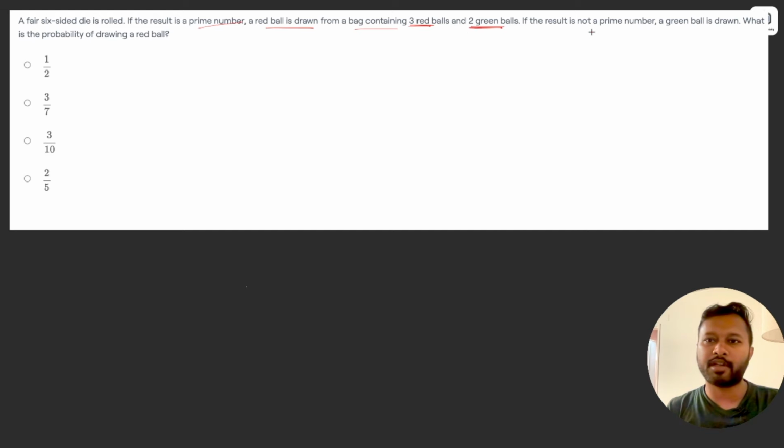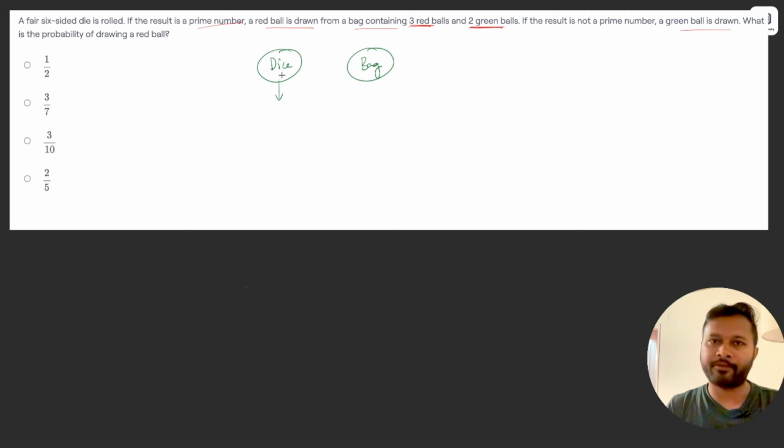If the result is not prime, a green ball is drawn. Then what is the probability of drawing a red ball? Understand that here we are putting certain conditions, and this is called conditional probability. There are two things happening: we have a dice, and we have a bag. Both the things are there.